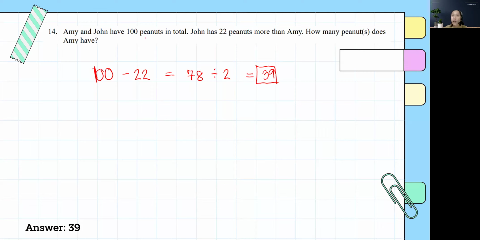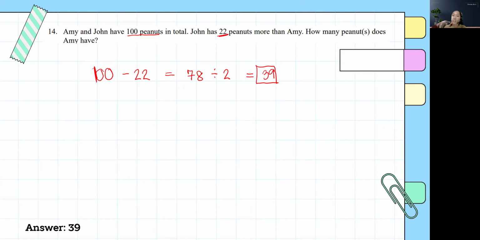Again, we have 100 peanuts in total, right? We have to subtract 22 because that is the excess amount before they will have an equal number. So 100 minus the extra 22 of John. So 100 minus 22, so 78 is the amount that John and Amy have to share equally.